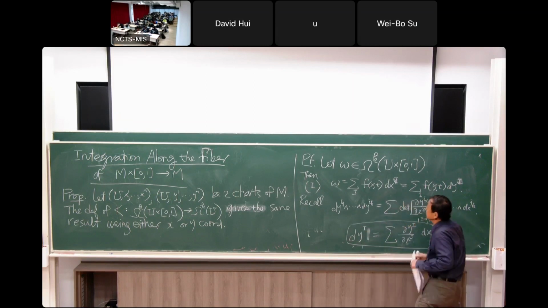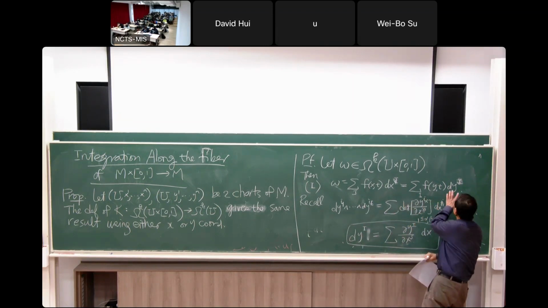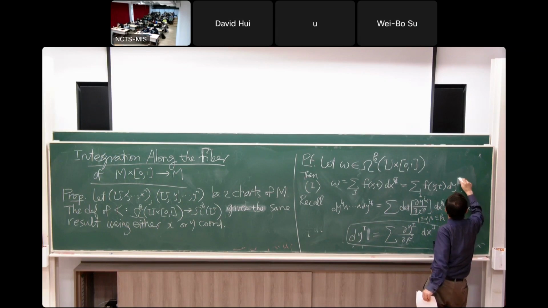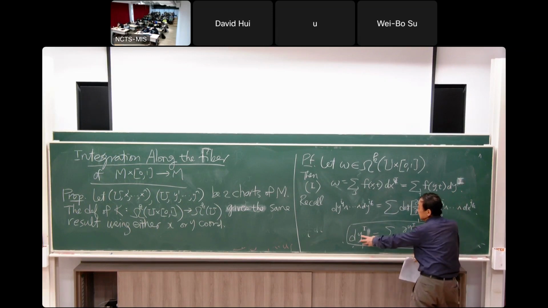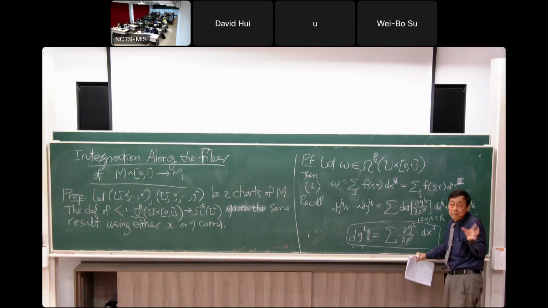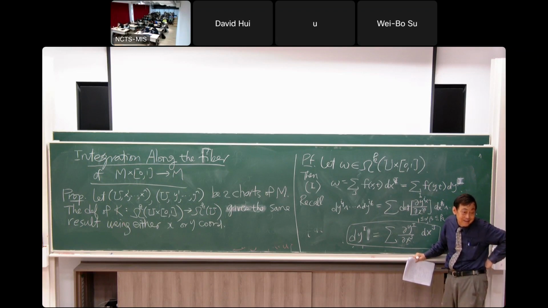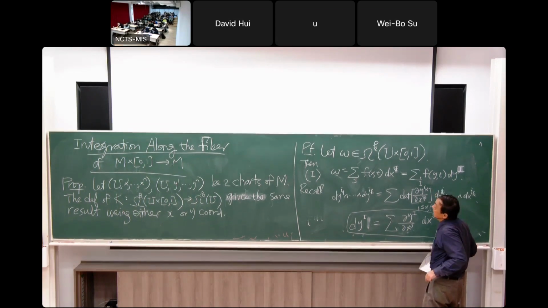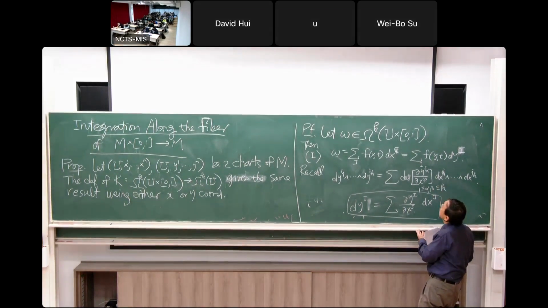If you replace the y, just a minute, this should be i, right? You can replace dyi with the dxj, and there wouldn't be a dt in it. So a type 1 form is a type 1 form in any coordinate system. Is that okay?